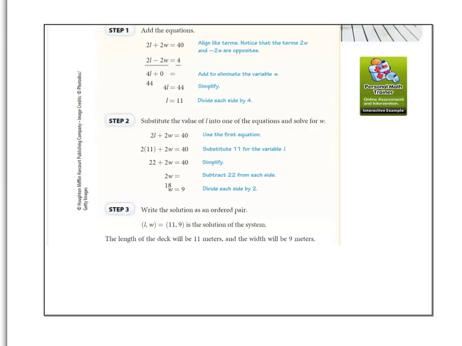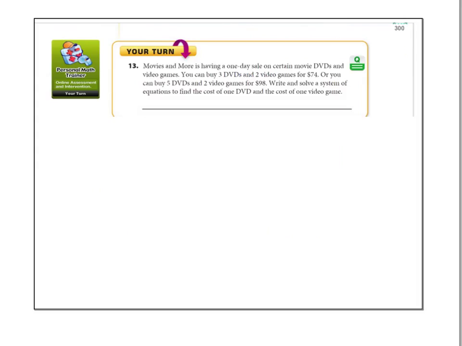So now let's actually do a problem together here. So we have Movies and More, their one-day sale on DVDs and video games. We can buy 3 DVDs and 2 video games for $74, or 5 DVDs and 2 video games for $98. Well, if I look at the first sentence here that talks about DVDs and video games, that's my first equation.